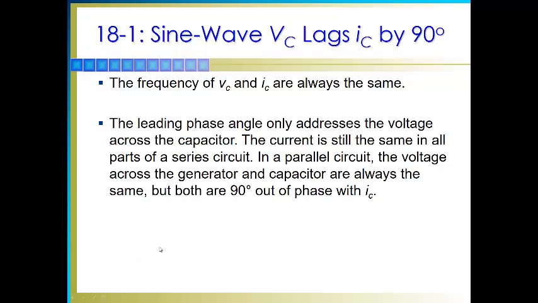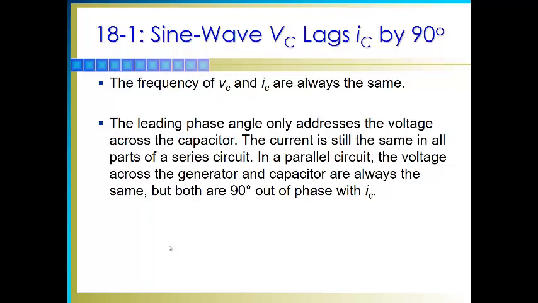And the leading phase angle only addresses the voltage across the capacitor. The current is still the same in all parts of a series circuit. In a parallel circuit, the voltage across the generator and the capacitor are always the same, but both are 90 degrees out of phase with the current.